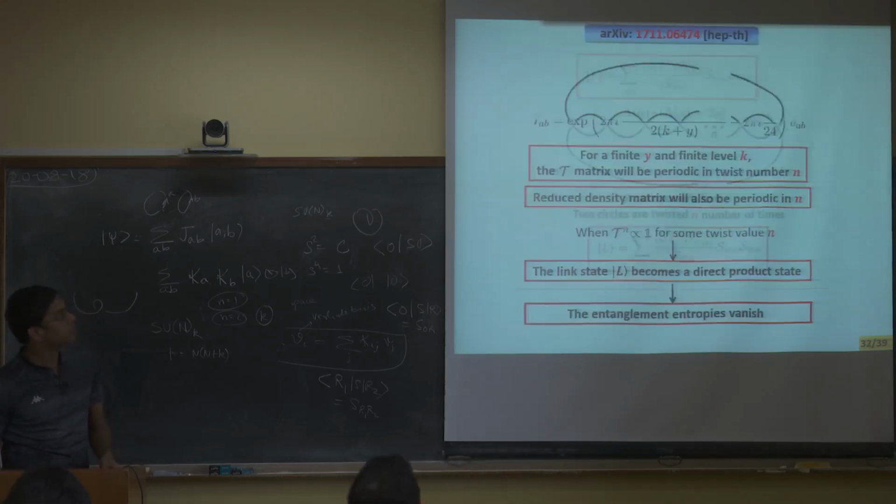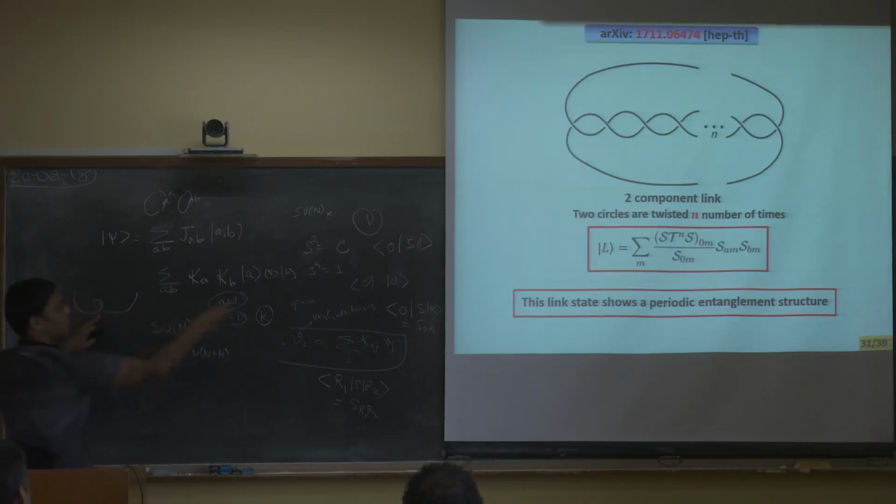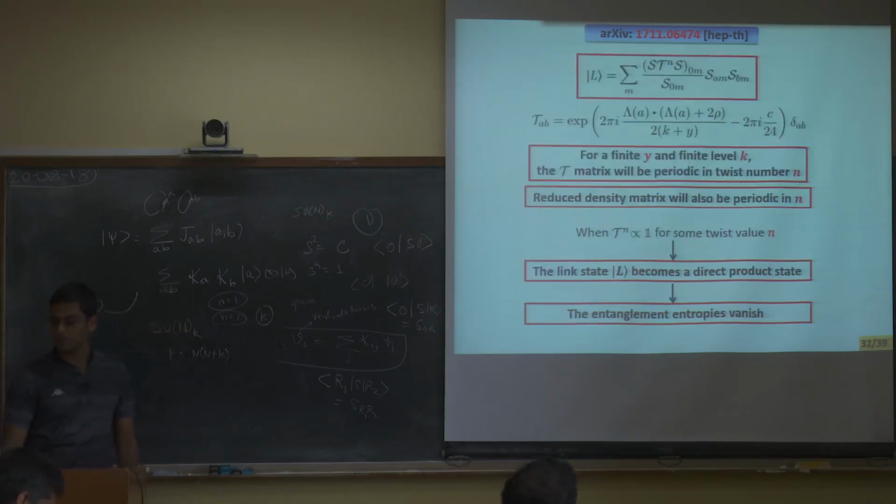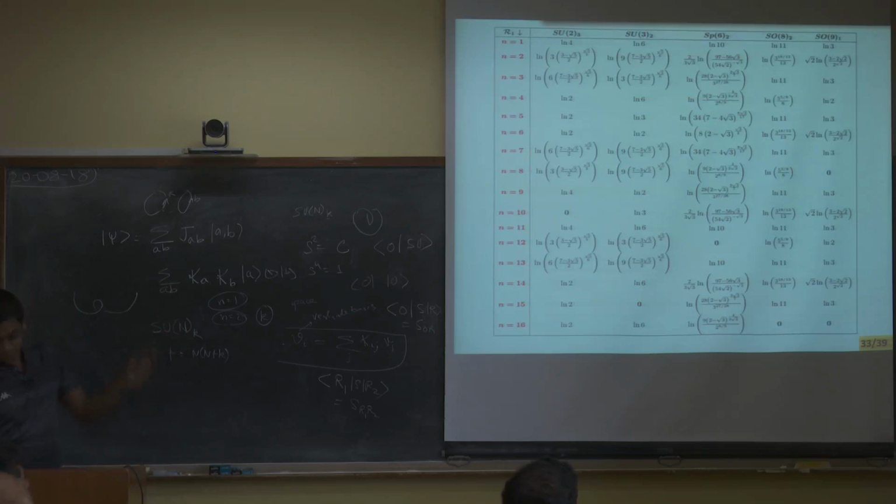If you take a twist in one of the circles, it will simply be a framing factor, right? The entropy is independent of the local framing, since framing is like a local unitary operation. So this is the periodicity.